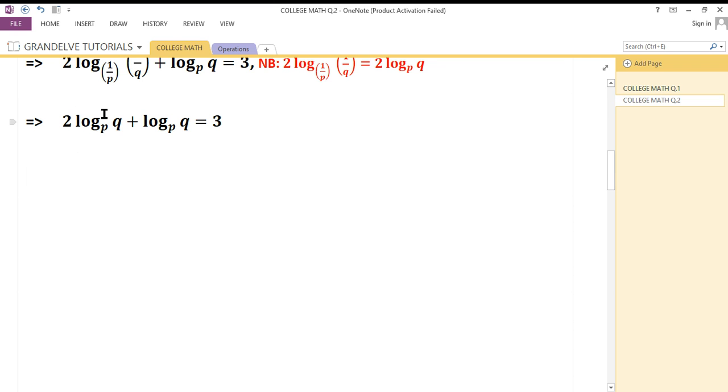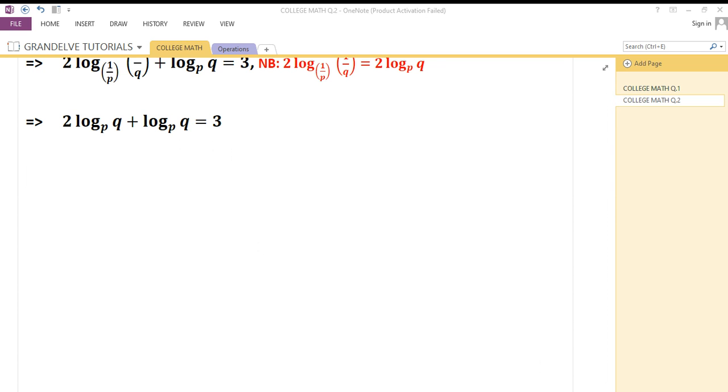So applying the exponential law of logarithm on this part, we will have log q squared base p, right here, before we use the product law of logarithm to operate both log expressions and equate it to 3.